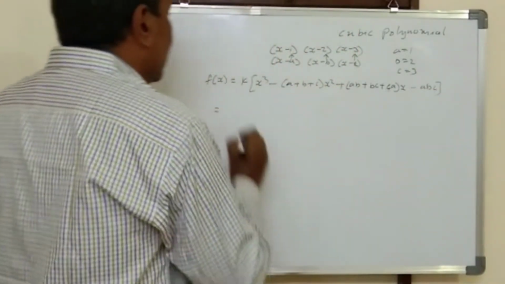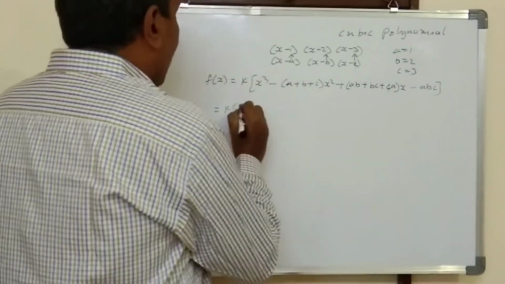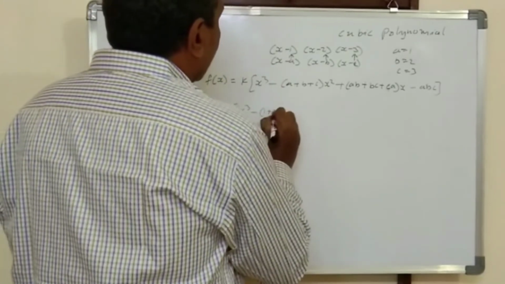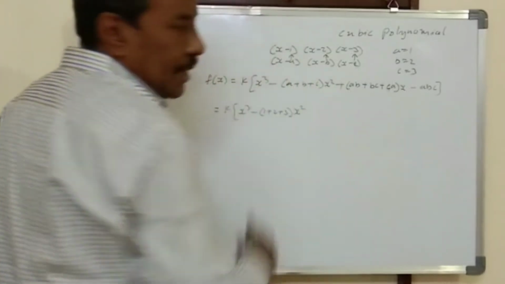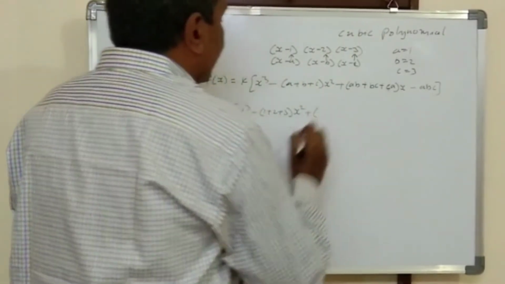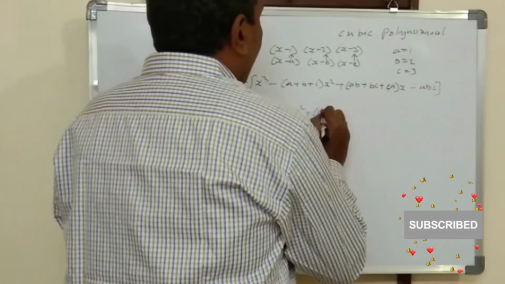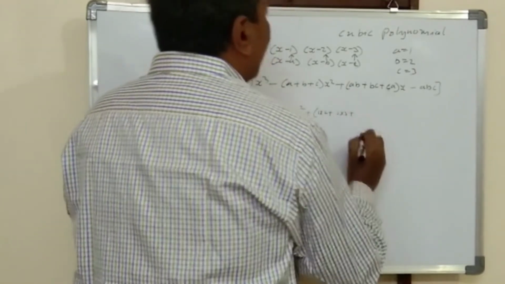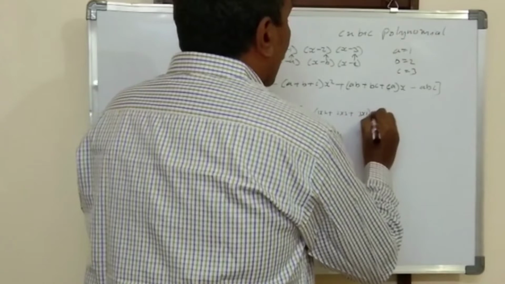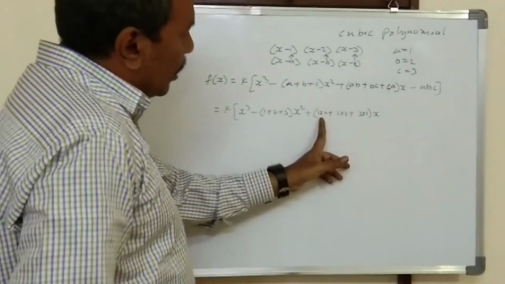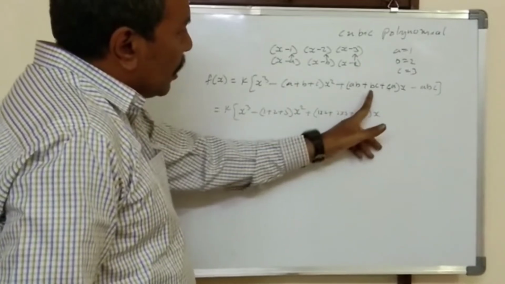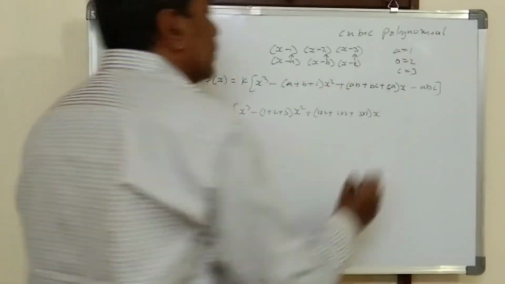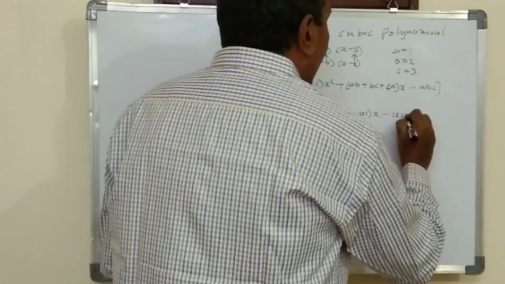Now apply the values: k into (x cube minus (1 plus 2 plus 3) of x square plus (1 into 2 plus 2 into 3 plus 3 into 1) of x minus 1 into 2 into 3).